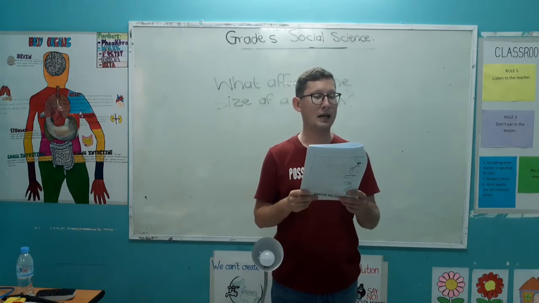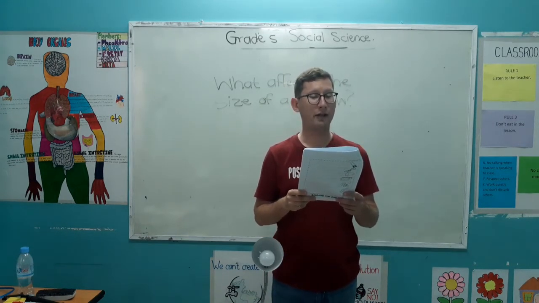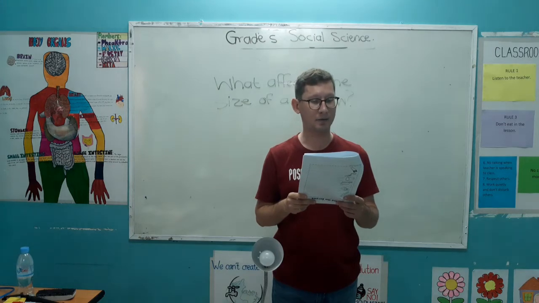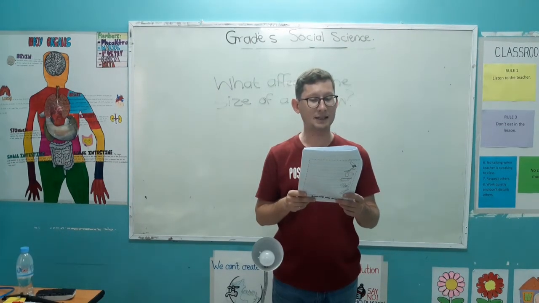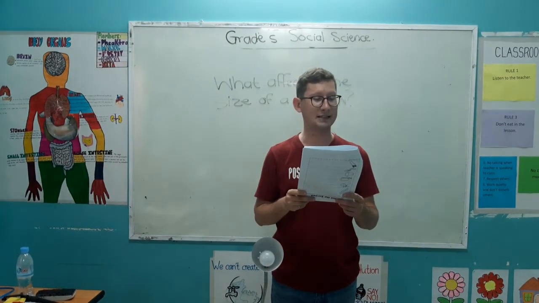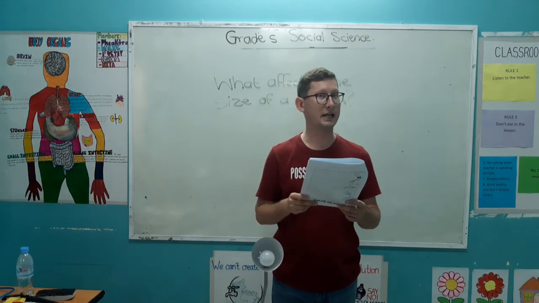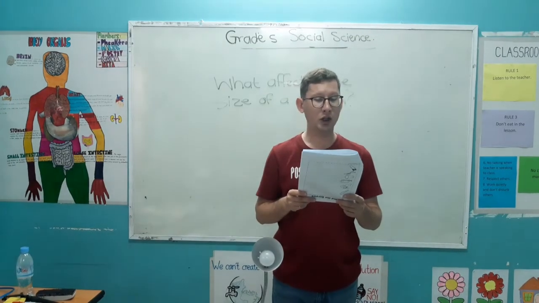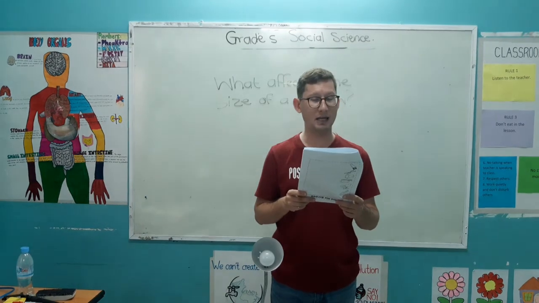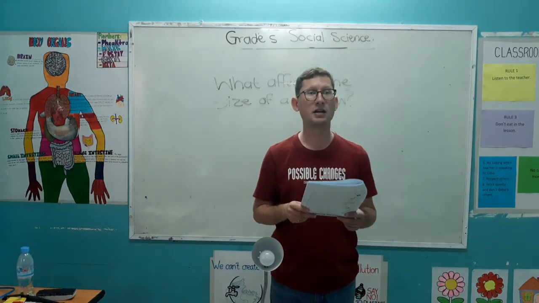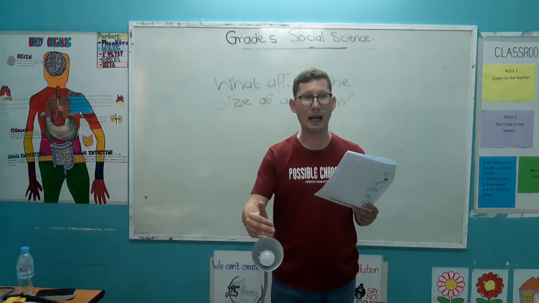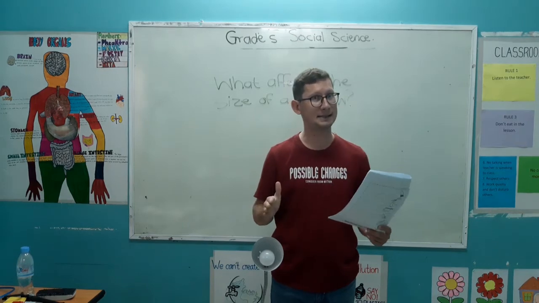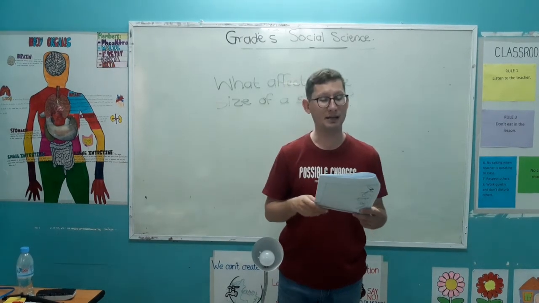Set up the light source and the screen 3 meters apart. The distance between the light source and the screen is a factor of your investigation. You are not going to change the distance between the lamp and the light screen. It's going to stay 3 meters apart.